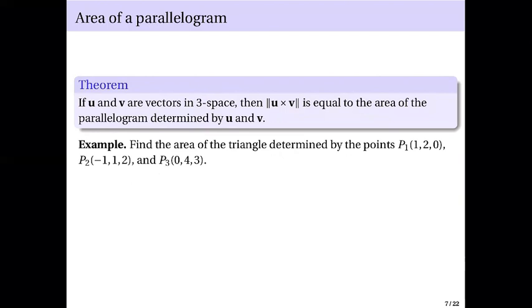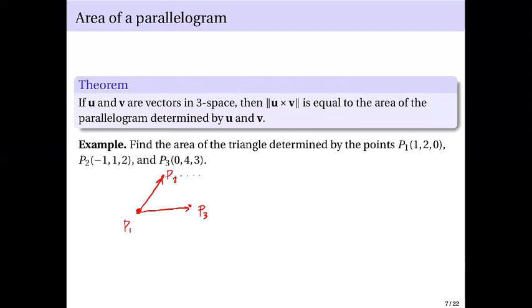So maybe if this is your point P1 and this is your point P2 and this is your point P3, of course you will be able to form your triangle. But you can have this vector and then this vector.